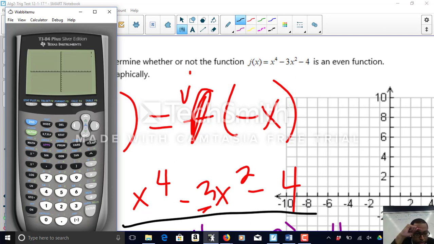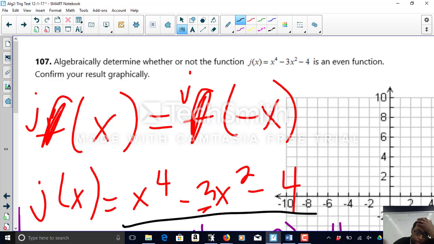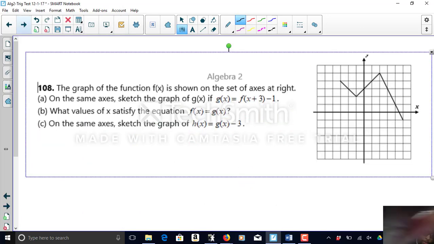Press graph. Okay, and look what happens. You see the reflection over, okay? So that's how you can confirm graphically.